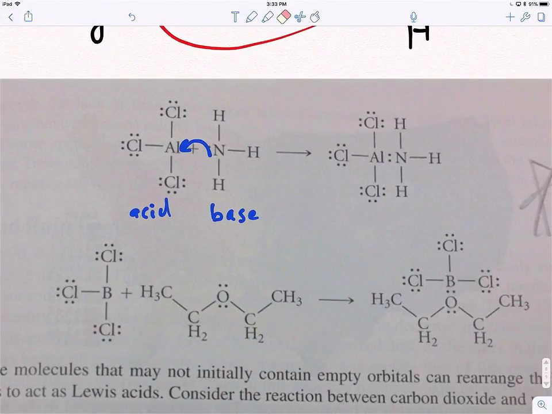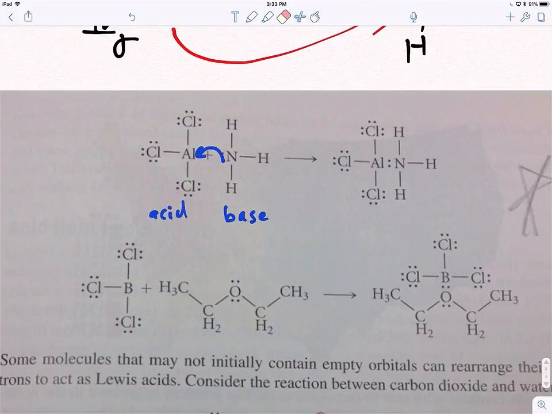In other reactions, you can get boron trichloride reacting with diethyl ether, forming another molecule. So just like the aluminum trichloride, the boron trichloride is acting like a Lewis acid, an electron acceptor.